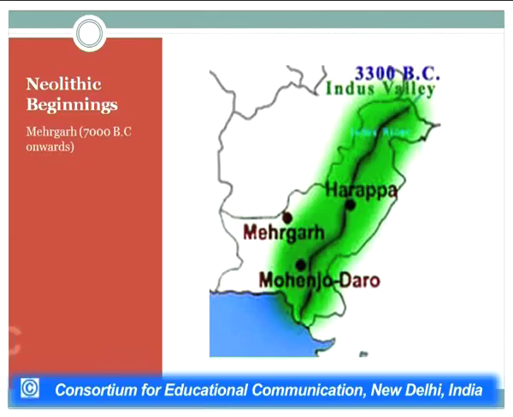The beginnings can be traced to 7000 BC onwards, and almost up to the beginning of the Harappan times, we have continued Neolithic settlement in Mehergarh. Mehergarh, as you can see on your slide, is very close to Bolan Pass.